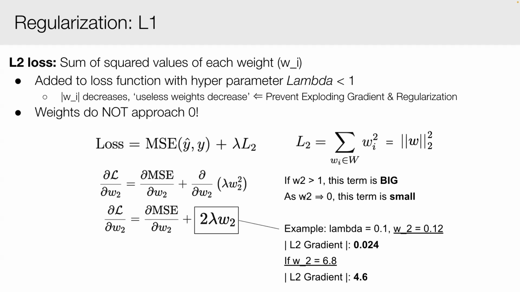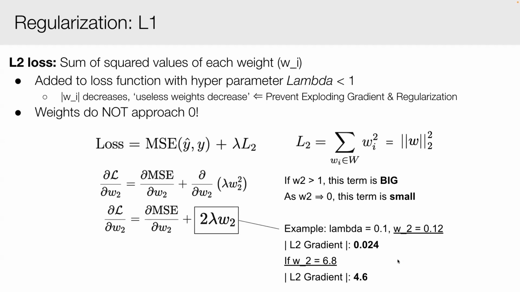Before I directly answer that, let's talk about the gradient of the L2 loss. If we take the gradient of lambda W squared, that's 2 lambda W. As I said, lambda is usually between 0 and 1. So let's say I have a lambda of 0.1 and my W is something really small, 0.12.